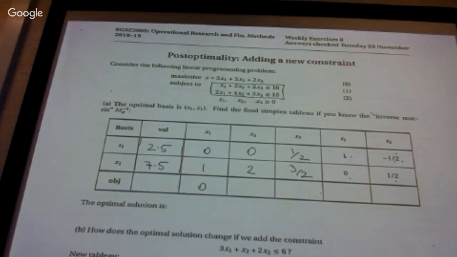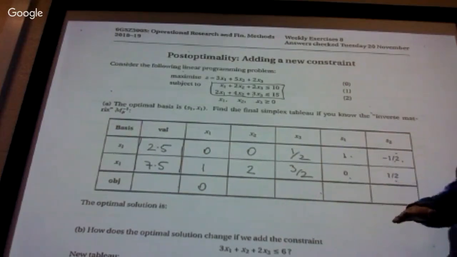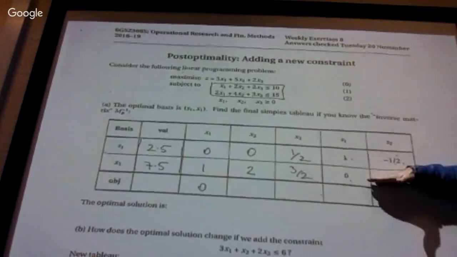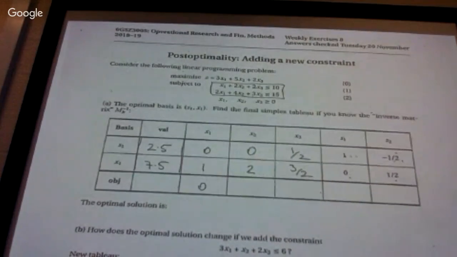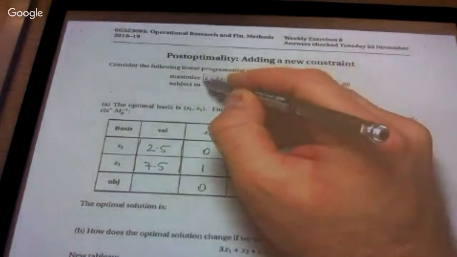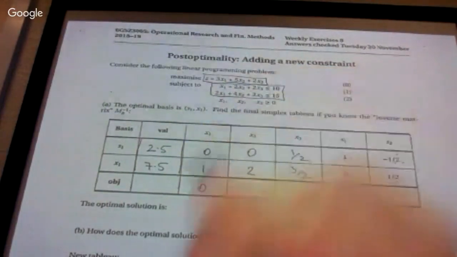How about the objective row? You can do the objective row in several ways, but the way that I want to look at now is that you have to take multiples of these two rows. And the multiples are given by the original objective function.